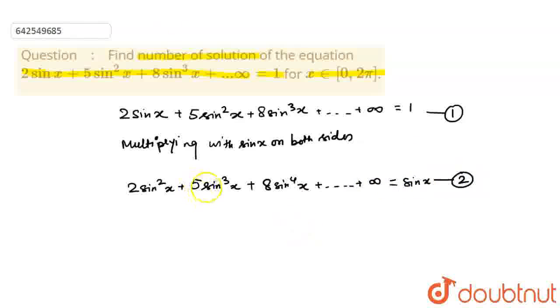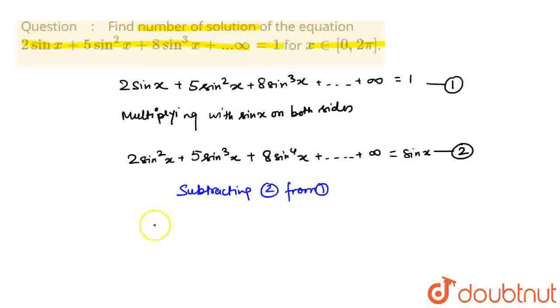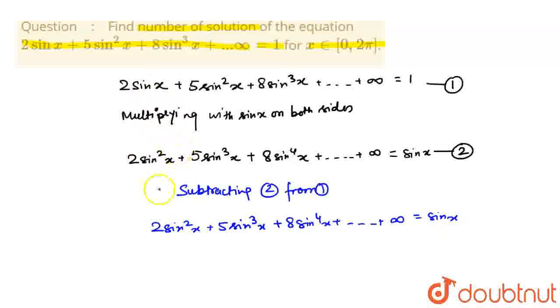So now subtract 2 from 1. So subtracting 2 from 1, what do I get? I get 2 sin square x plus 5 sin cube x plus 8 sin to the power 4 x so on up to infinity is equal to sin x, and this is subtracting 2 from 1.